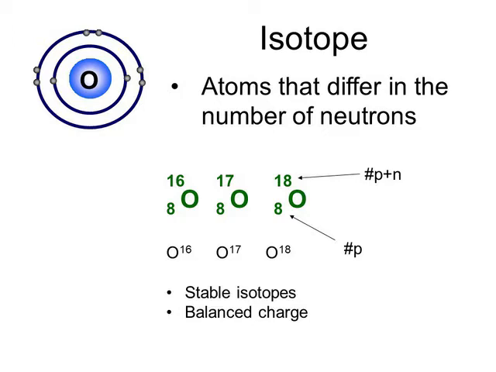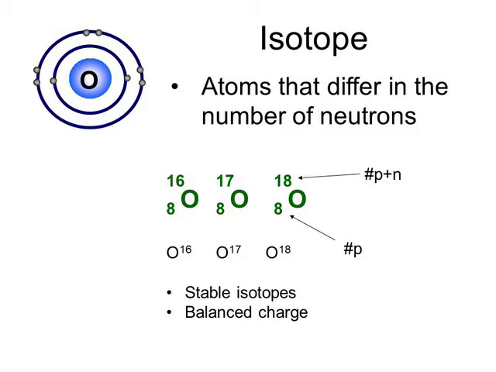Isotopes are interesting because they are still the elements that you are talking about, but they may have different neutron numbers. So in this example right here, I have oxygen. Oxygen has 2 isotopes that are stable, have a balanced charge, and occur naturally here on Earth.